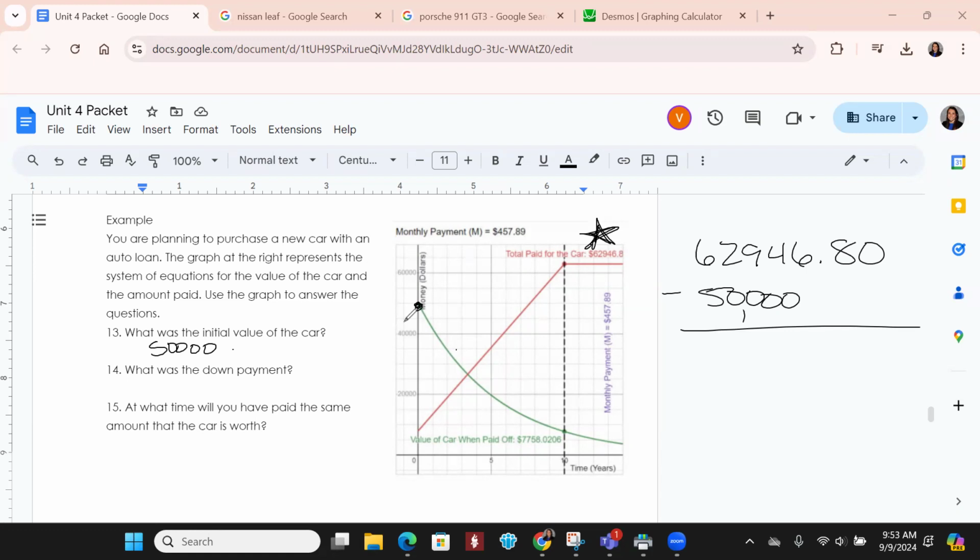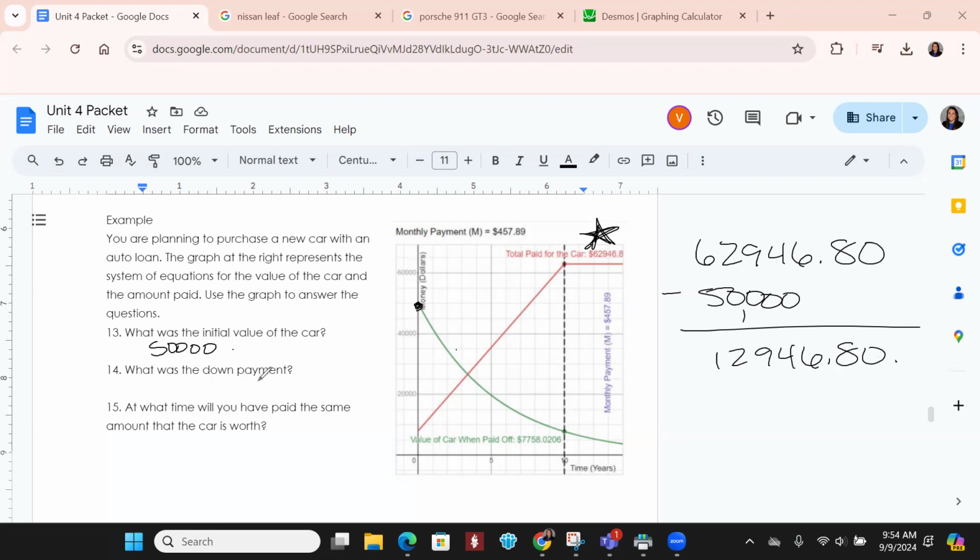How much did they pay for the car? The total paid for the car includes taxes, fees, etc. So the initial value is 50,000.